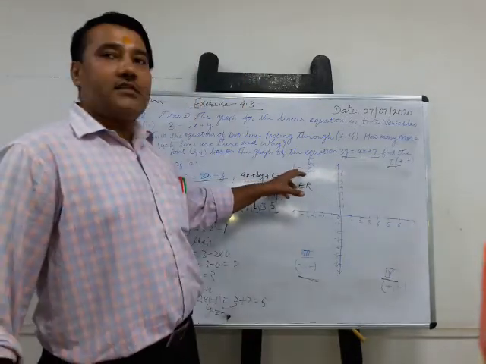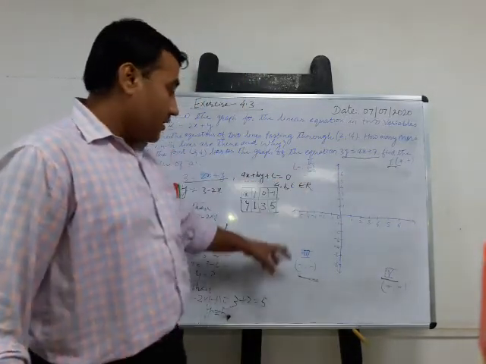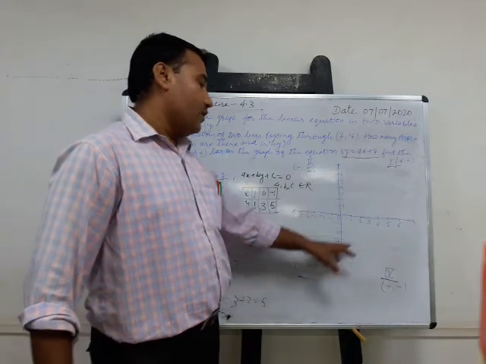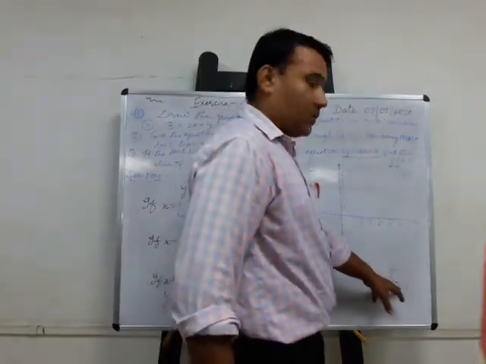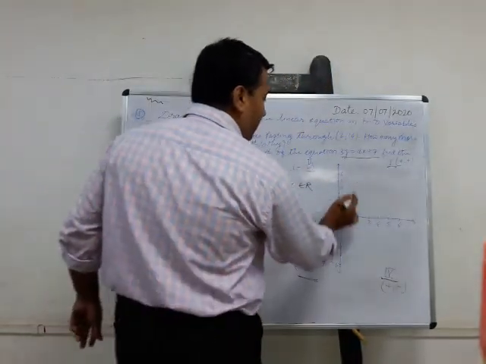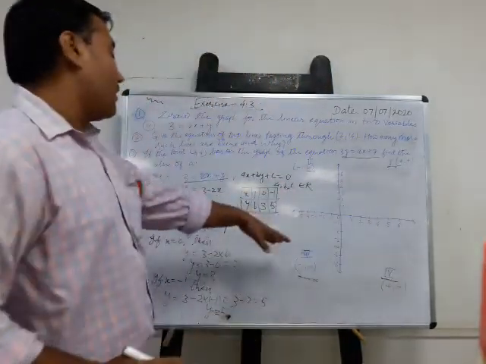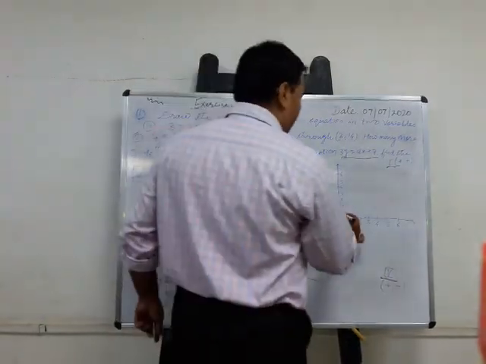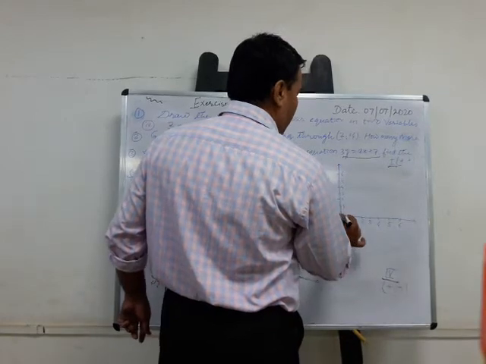In the second, x is negative and y is positive. In the third, x is negative and y is also negative. In the fourth, x is positive and y is negative. This point where both perpendicular lines intersect is called the origin, and its coordinates are (0, 0).